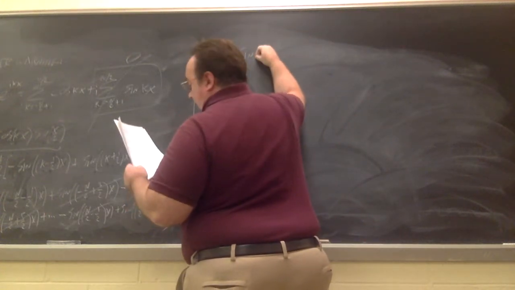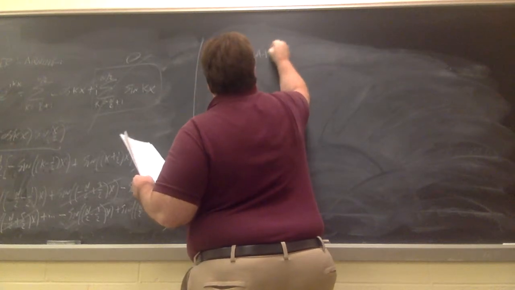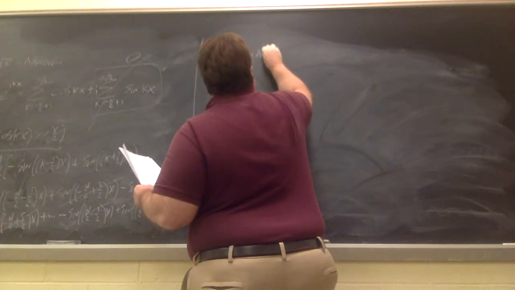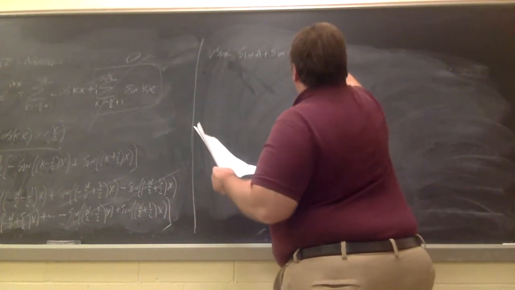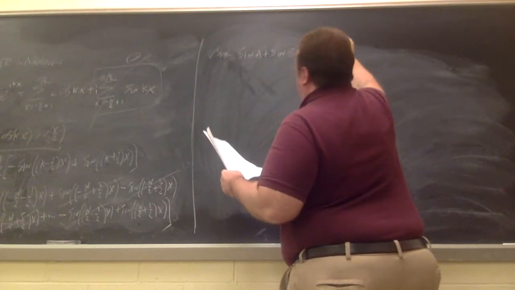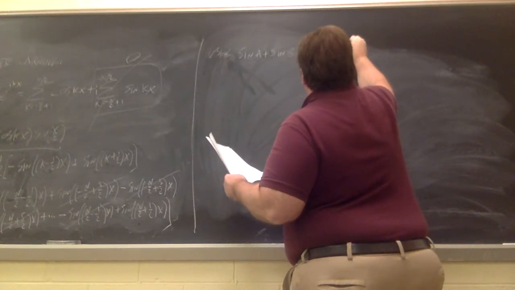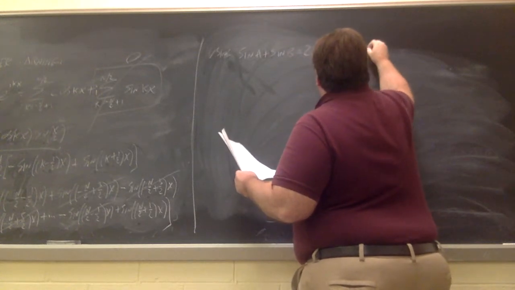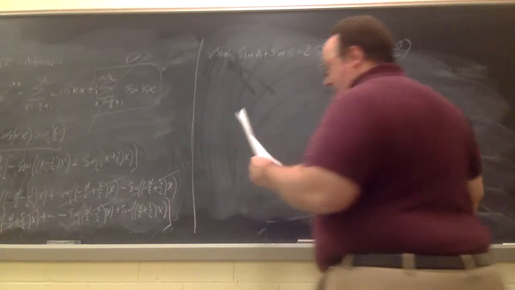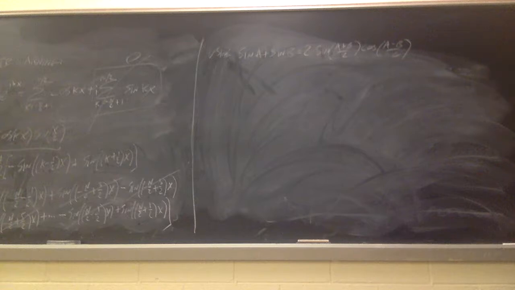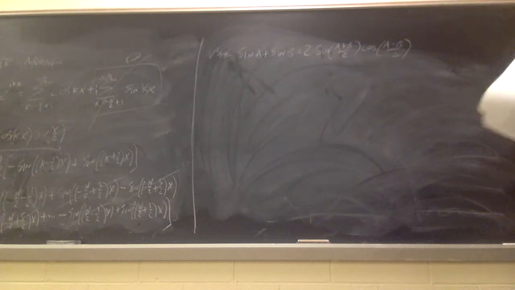This trig identity is sine A plus sine B is equal to 2 sine of A plus B over 2 times cosine of A minus B over 2. And here I have a sum of sines after rewriting that first one.